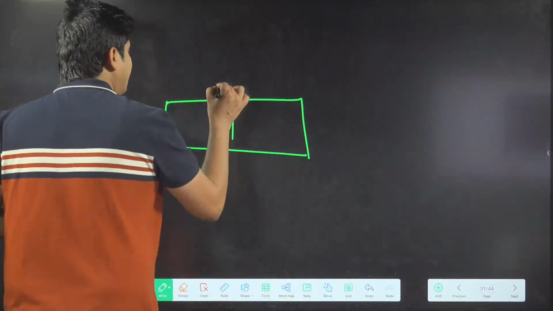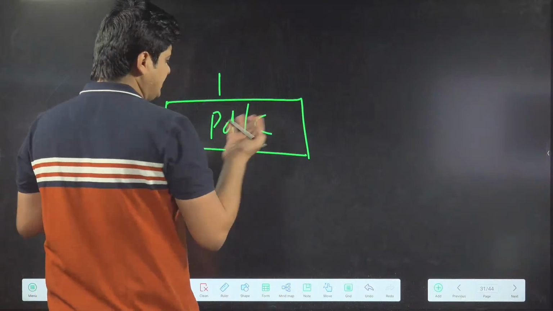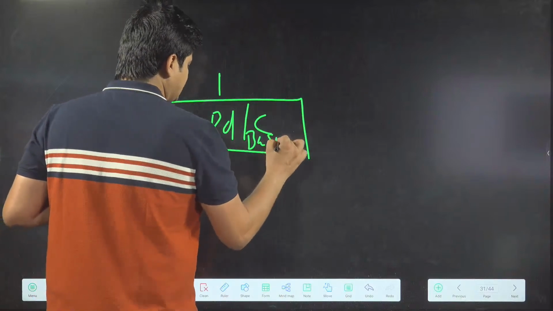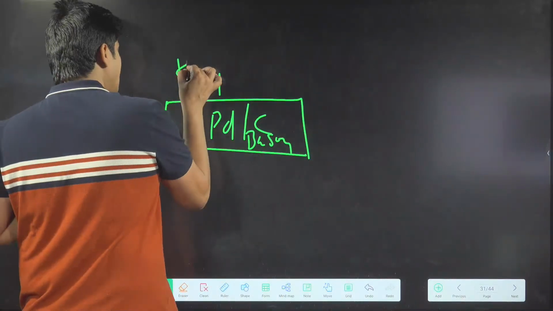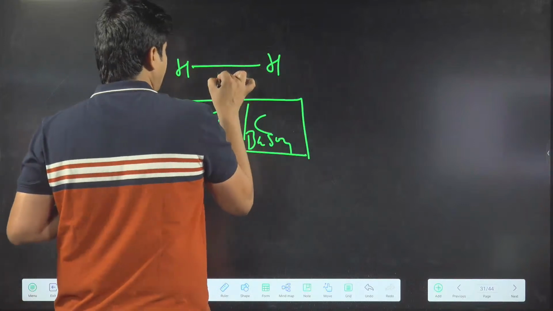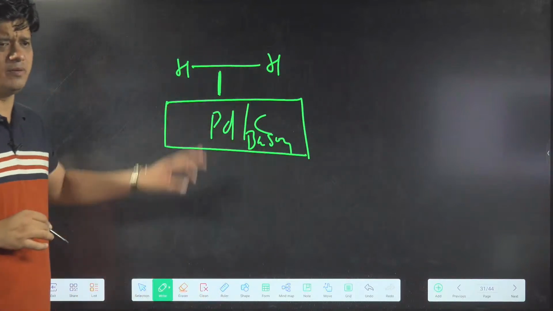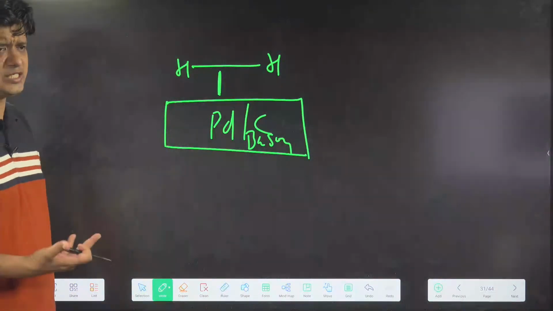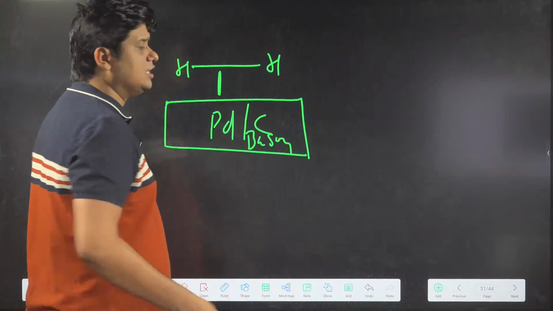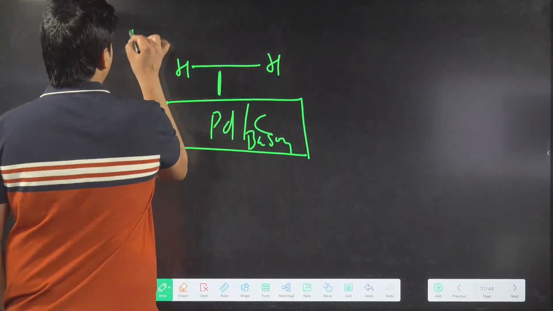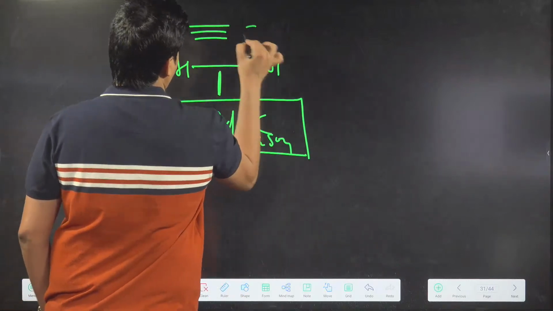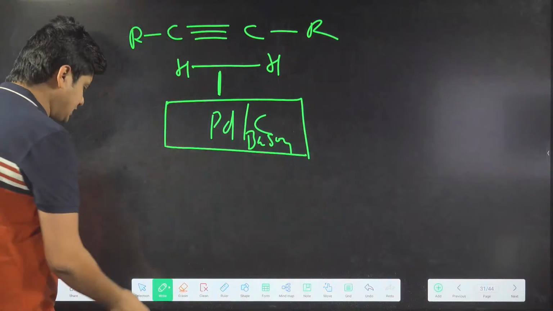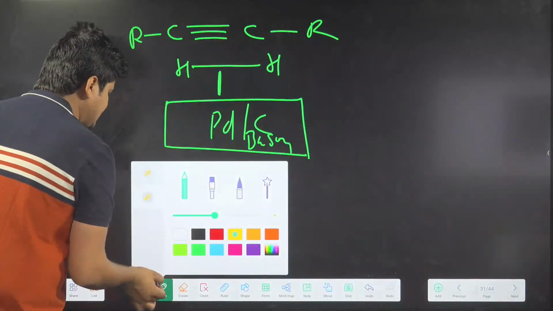So this palladium, obviously poisoned in this case by barium sulfate or quinoline, is going to absorb hydrogen like this. This hydrogen is absorbed. I am just writing one representation to explain the cis product, why cis is formed. Now alkyne is coming for reduction. So you can easily understand, this hydrogen is absorbed.